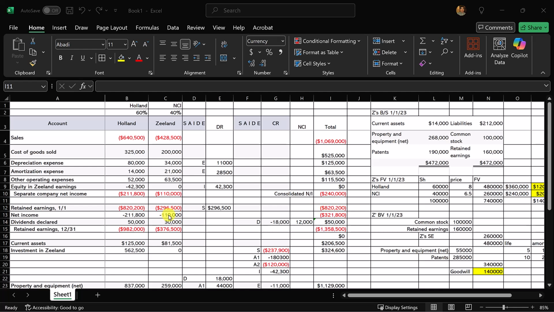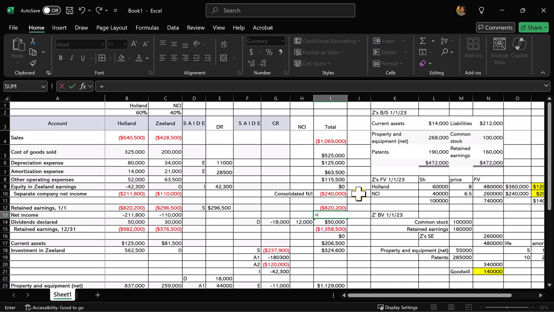We have to do the same thing with this net income. Again, we don't want to duplicate the sub's net income because we're including it here as the calculation of the consolidated net income. So this net income for the consolidation is going to be just the parent.